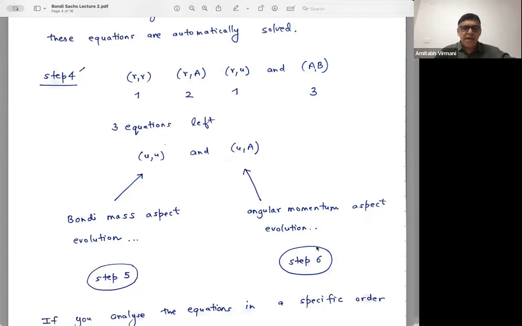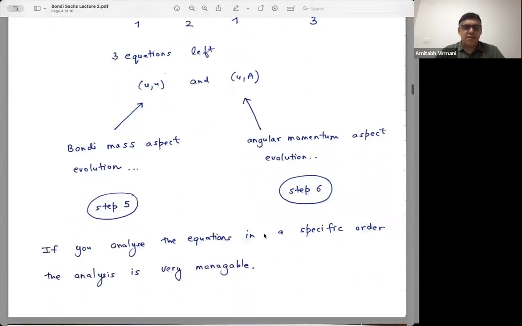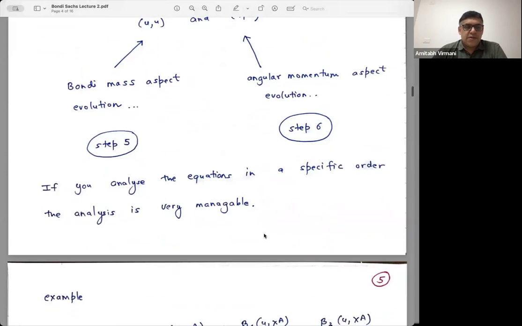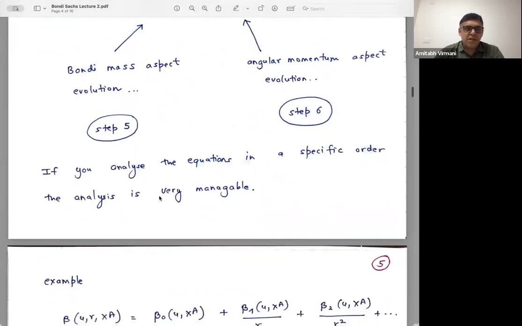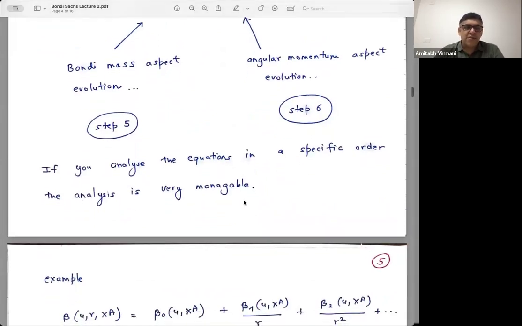If you analyze in this order, first you solve for beta, then you solve for UA, then you solve for V, and then you solve for M dot, and finally for N A dot. This is the logic. If you analyze the equations in this specific order, the analysis is very manageable.